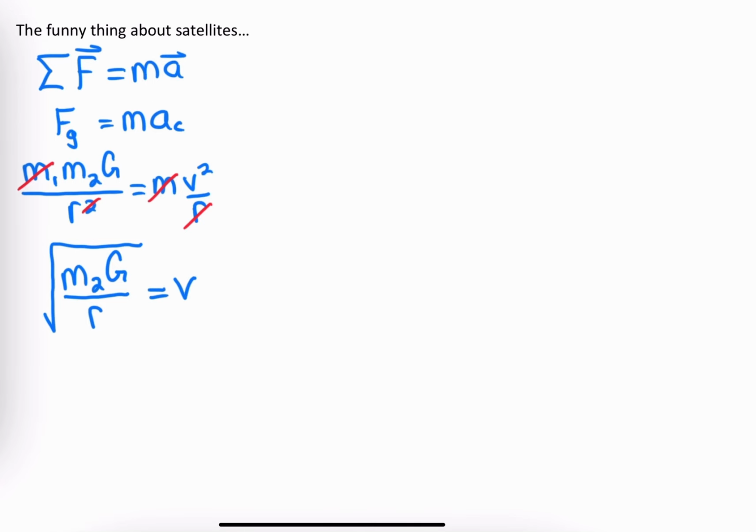So, one thing about satellites is that their speed is this. Once we know their speed, we can ask things about their kinetic energy. So kinetic energy is 1/2 mv squared. Again, this should look pretty familiar from the last problem. I'm just going to take this expression from over here and substitute it in for v over here.